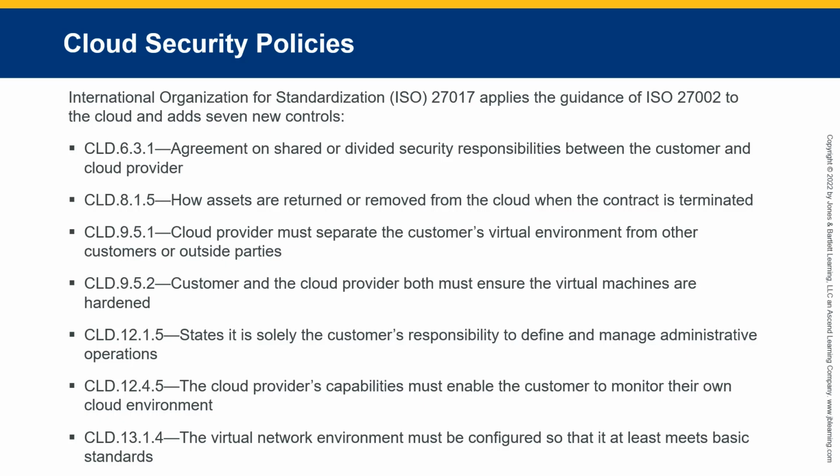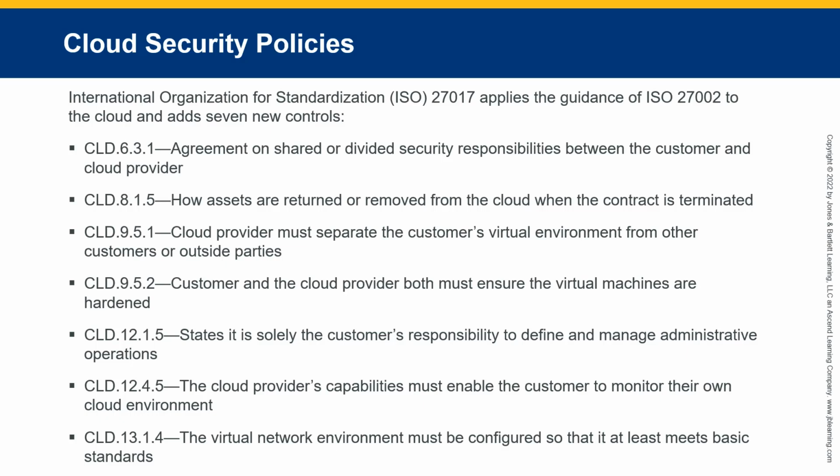CLD 8.1.5, how assets are returned or removed from the cloud when the contract is terminated. CLD 9.5.1, the cloud provider must separate the customer's virtual environment from other customers or outside parties. CLD 9.5.2, the customer and the cloud provider both must ensure the virtual machines are hardened, meaning they're well protected.